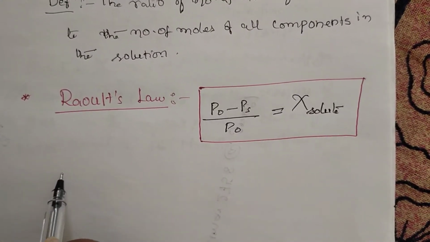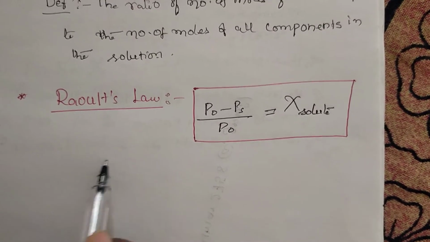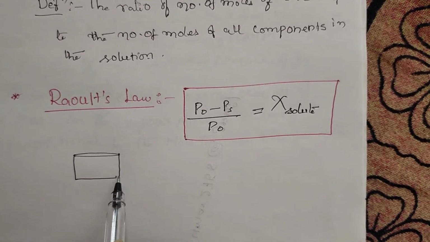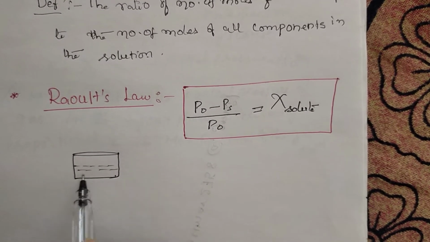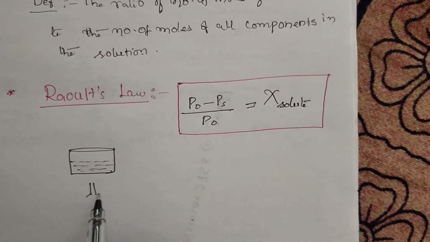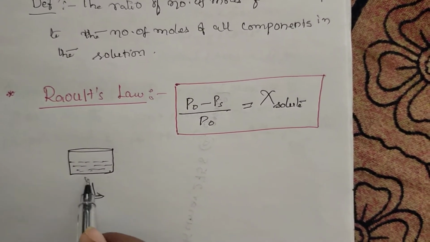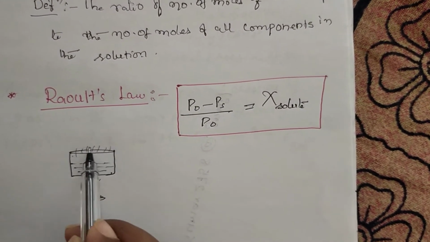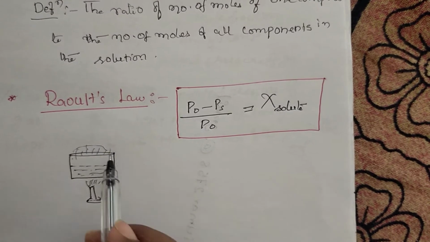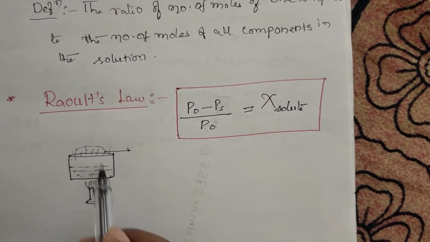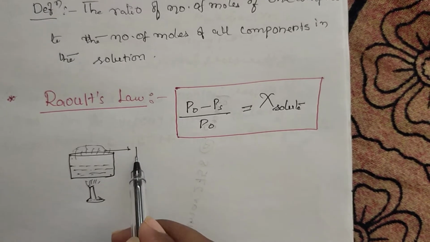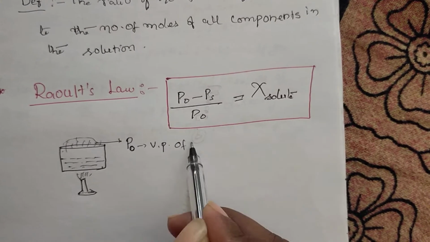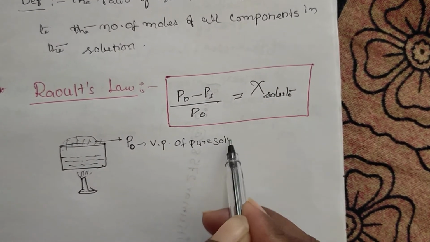Simple. Just assume there is a liquid, that is pure water. Suppose you boil this water, what happens? It produces vapors, right? The pressure exerted by the pure solvent is P0, the vapor pressure of the pure solvent.